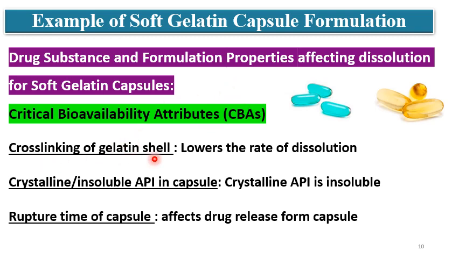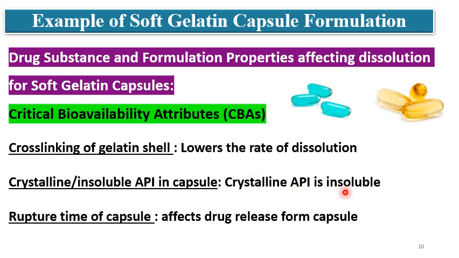Then coming to the soft gelatin capsule formulation CBAs, critical bioavailability attributes for the formulation. This is cross-linking of the gelatin shell. If cross-linking is there, then it will lower the rate of dissolution. It will give variable results in the dissolution. Then crystalline insoluble API in the capsule. If the crystalline API is present in the capsule, then the dissolution will get hampered.